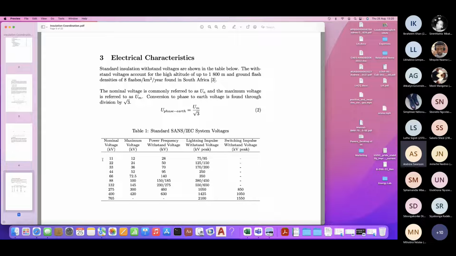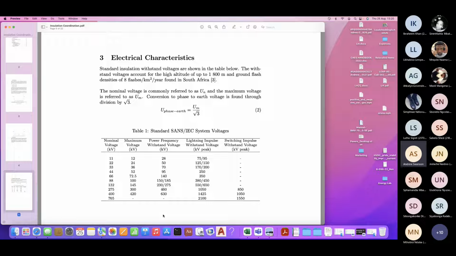All right, again, I'm going to point out this nominal voltage. It's your line voltage. So to get it to phase voltage, you divide by the square root of 3. So 11 divided by the square root of 3 is 6.3 or somewhere around there. The power frequency withstand voltage is actually a phase to earth voltage.